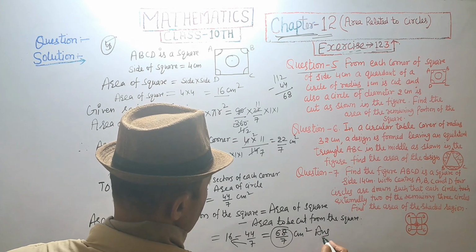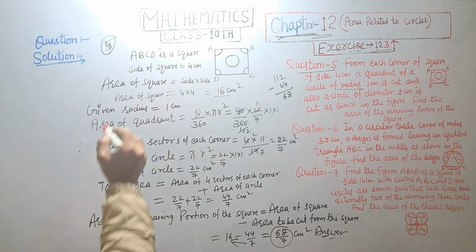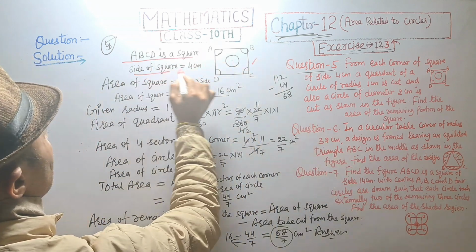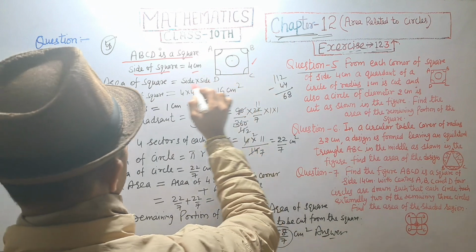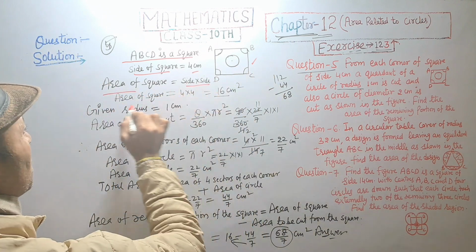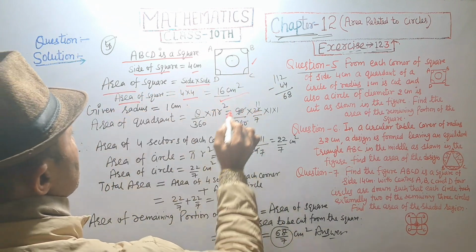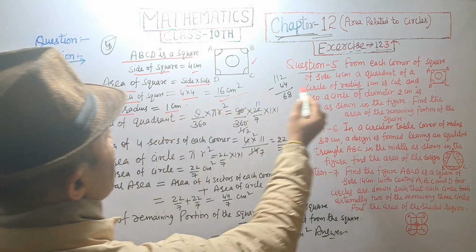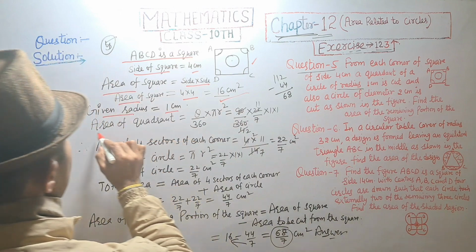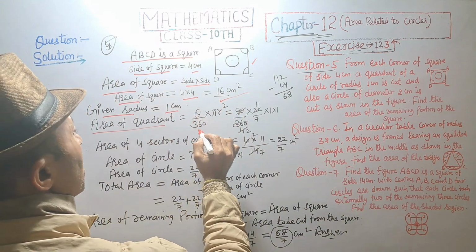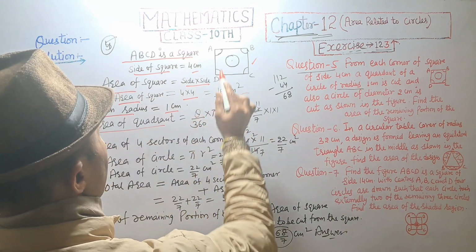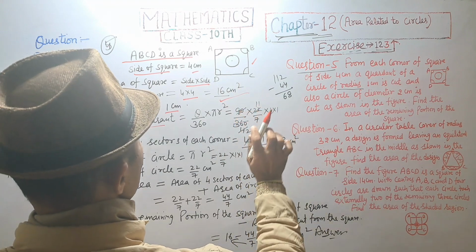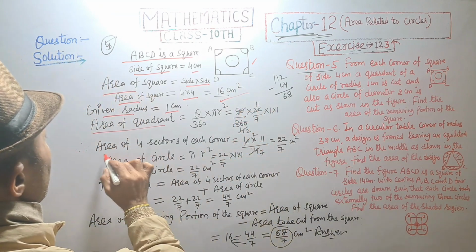Answer. ABCD is a square and side of square is 4 centimeter. Area of square is side into side. 4 4s are 16 centimeters square and given radius is 1 centimeter. Area of quadrant is equal to theta upon 360 into pi r square. Angle theta is 90 upon 360 into 22 upon 7 into 1 into 1.